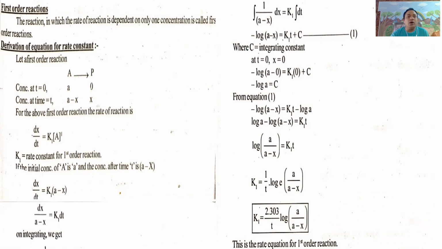According to the law of mass action, at constant temperature, the rate of reaction is directly proportional to the product of the concentration of the reactants.